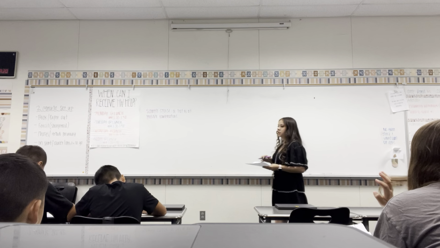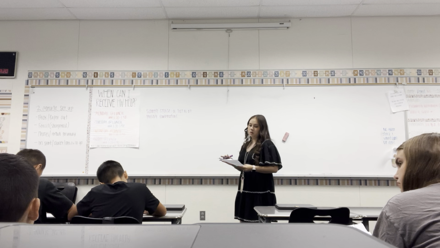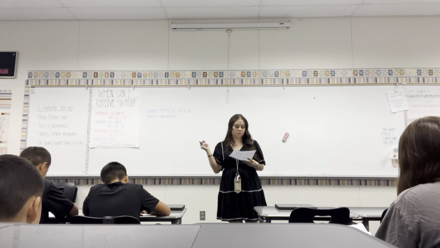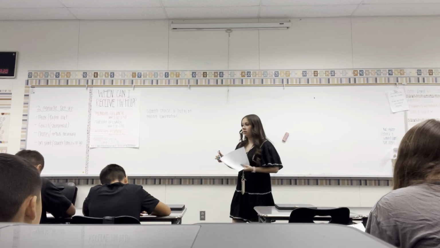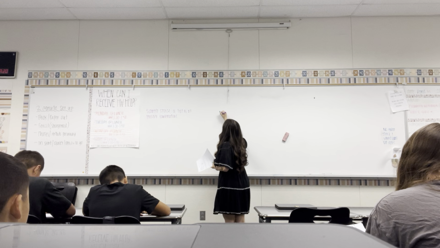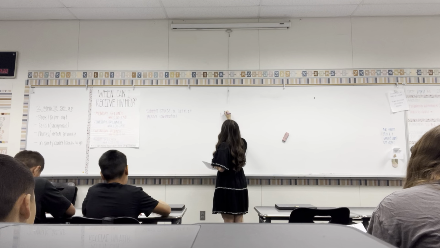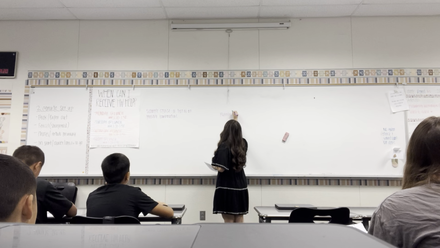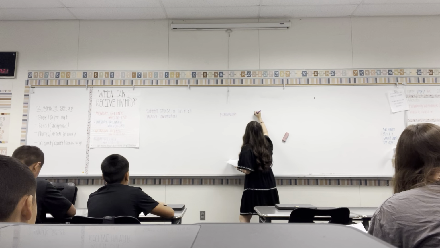Okay, my first decision is what or what? I'm choosing between a hamburger or a hot dog. Right? So, I'll actually write out the words for you this time, but hamburger or hot dog.